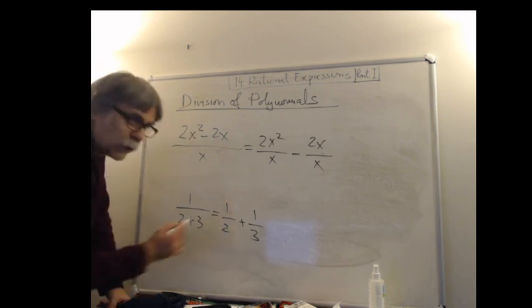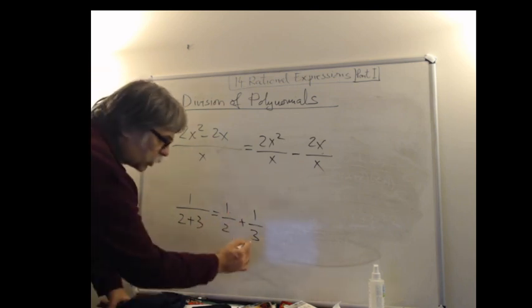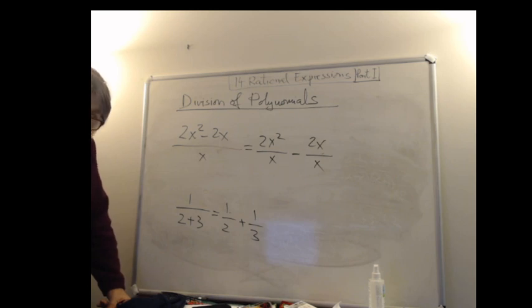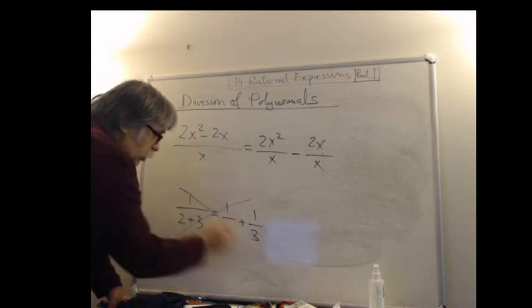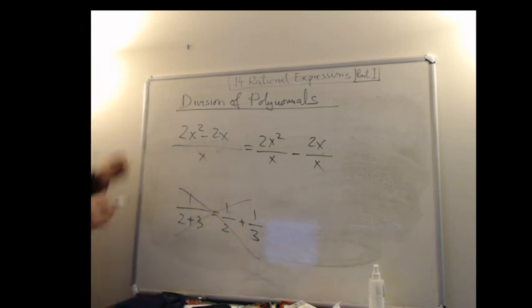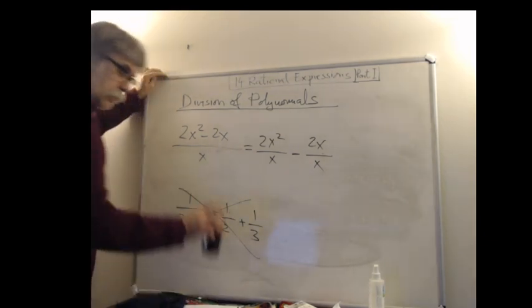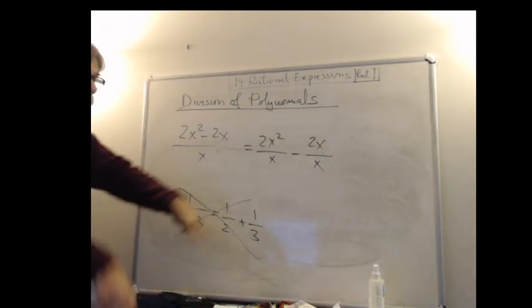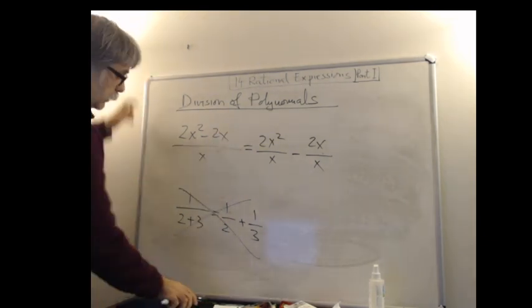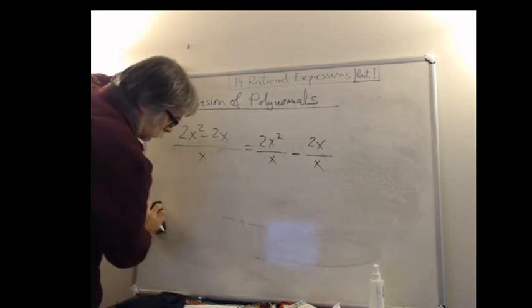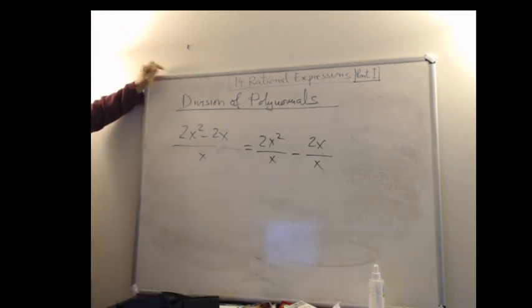This is half of a dollar, which is 50 cents. And this is a third of a dollar, which is more. So you can't have 20 cents being equal to something that is more than 50 cents. So this is nonsense. Again, keep in mind, you cannot be splitting the denominator. But you could do that with the numerator.